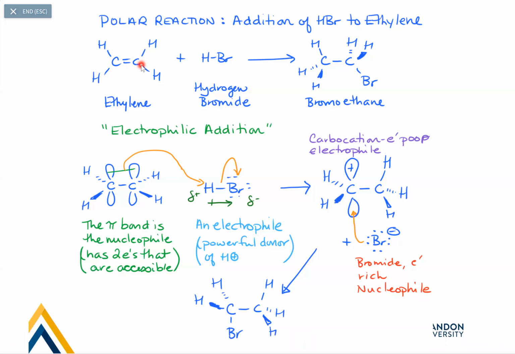So, and this is interesting. The electrons in this pi bond are going to attack. So HBr, remember, is one of the strongest acids there are. It's a powerful donor of H+. Remember, because Br- bromide can stabilize that negative charge really nicely.